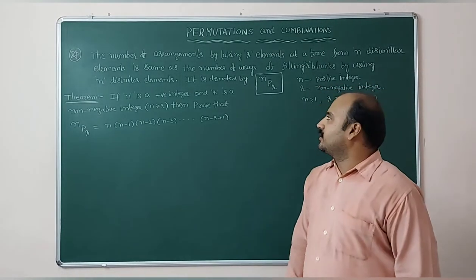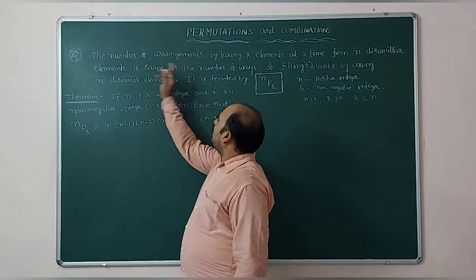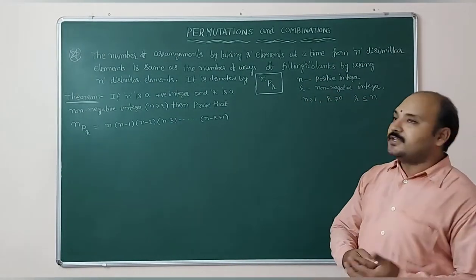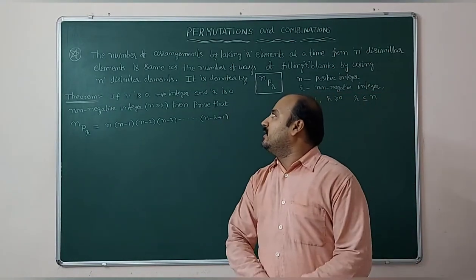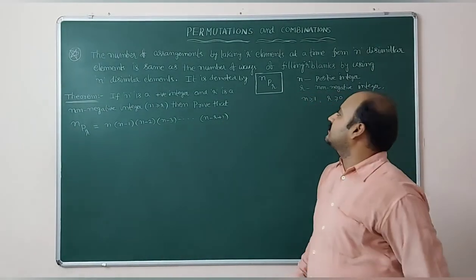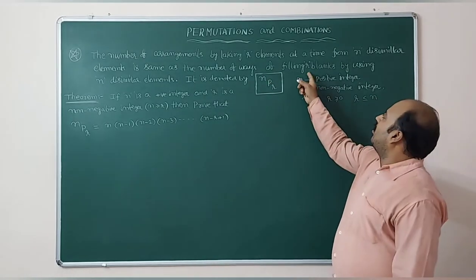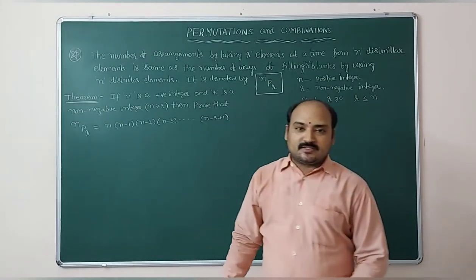The next important result: the number of arrangements by taking r elements at a time from n dissimilar elements is the same as the number of ways of filling r blanks by using n dissimilar elements.